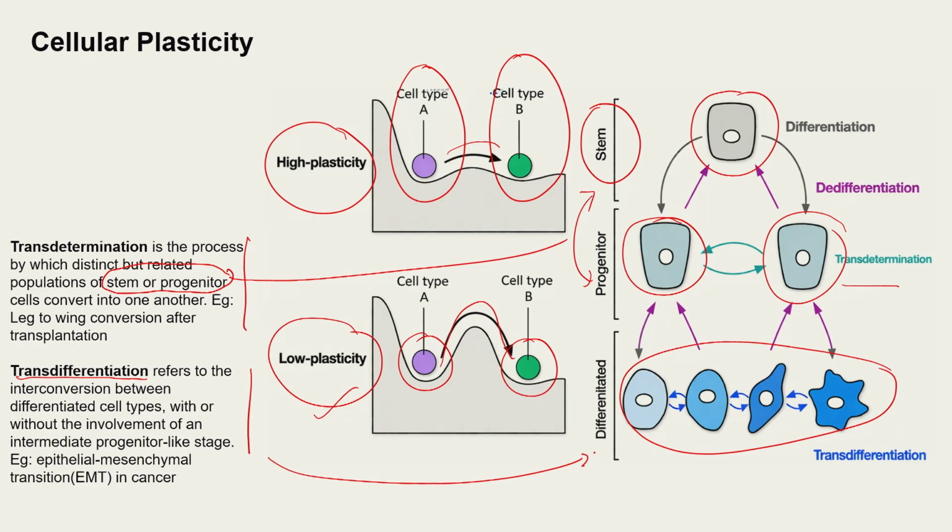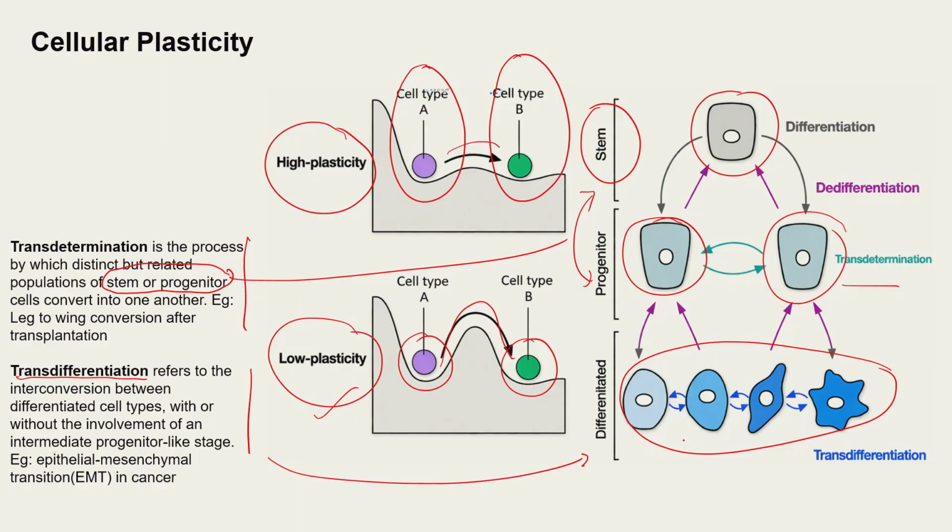Therefore, we see transdifferentiation happening mostly in the cancer cell population, where there is a process called epithelial mesenchymal transition in multiple cancer types, where a particular cell type like an epithelial cell can be converted into a mesenchymal cell and vice versa. Other processes could also lead to different forms of cancer or metastatic alteration in the cancer cell. So this is a typical process related to defined differentiated cell mass.